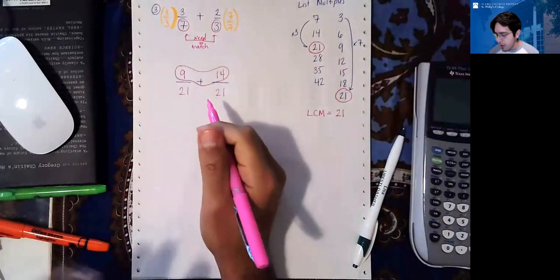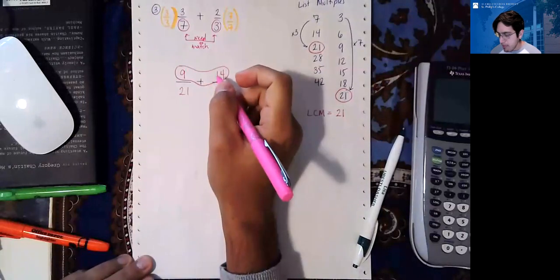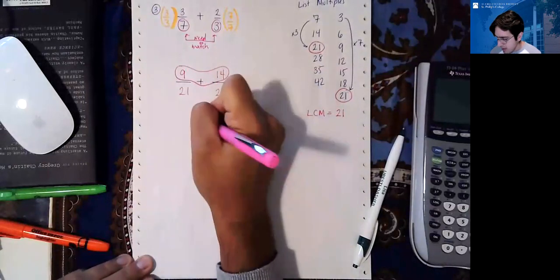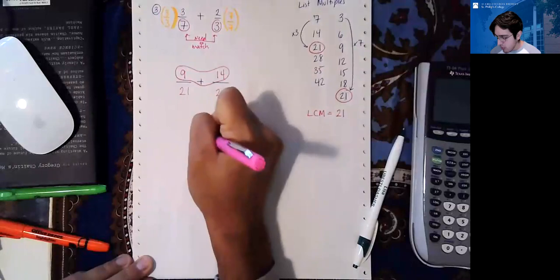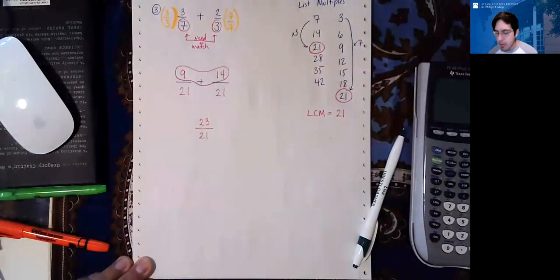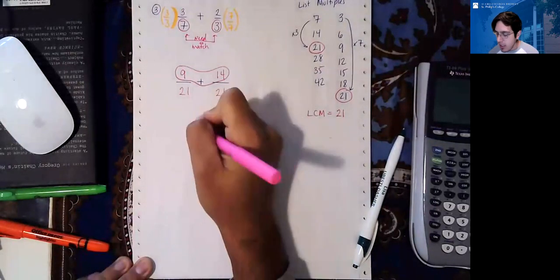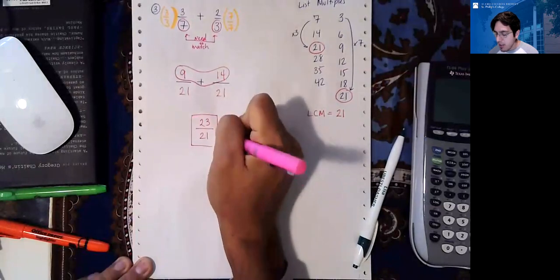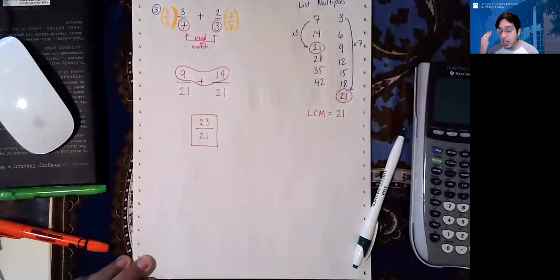So 9 plus 14 will be 23. So we'll have 23 over 21 since we keep that common denominator. And since this fraction cannot be simplified, doesn't have any common factors on the top or bottom that we can cancel out, then that must be the final answer.